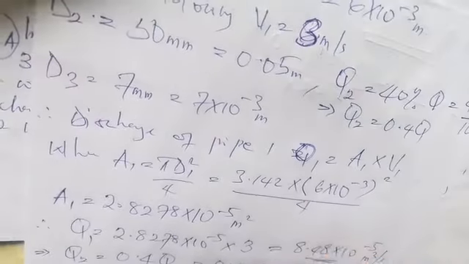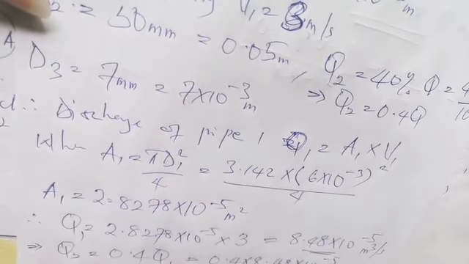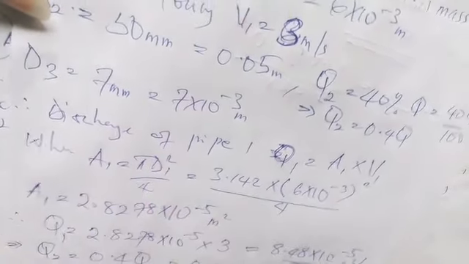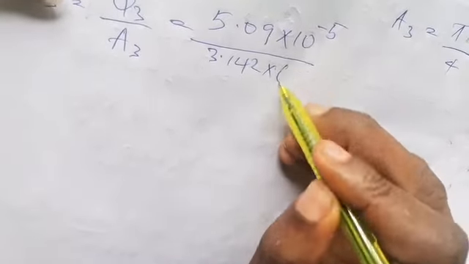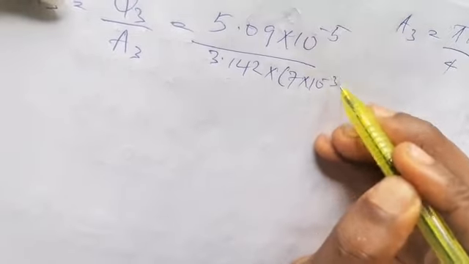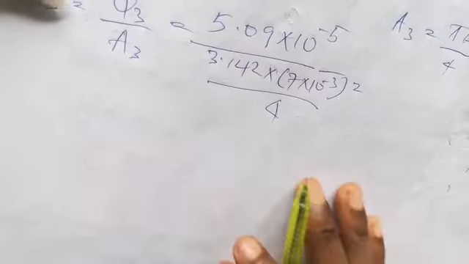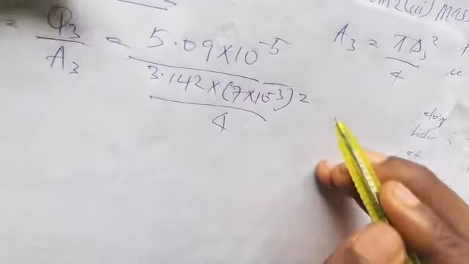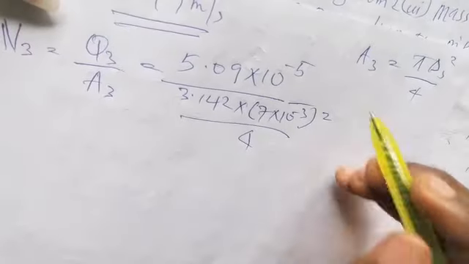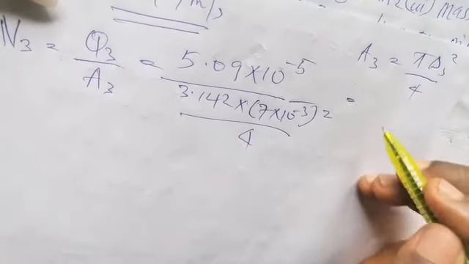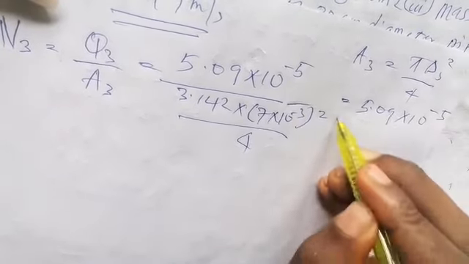Not forgetting, the diameter of pipe 3 was given to us as 7 millimeter, which is 7 by 10 to the power of minus 3. So you simply append that there. In place of diameter, you have 7 by 10 to the power of minus 3. Remember, all squared, all divided by 4. So this will be equal to 5.09 by 10 to the power of minus 5 all over the area.